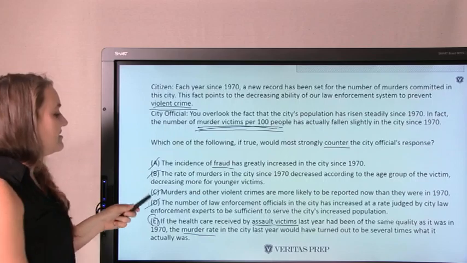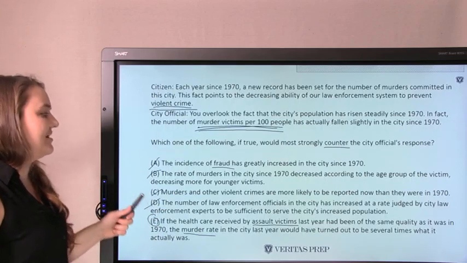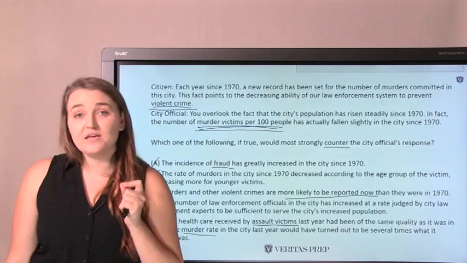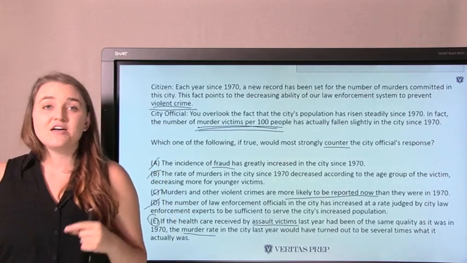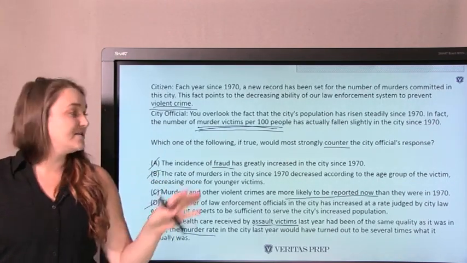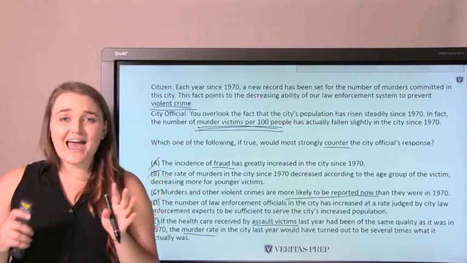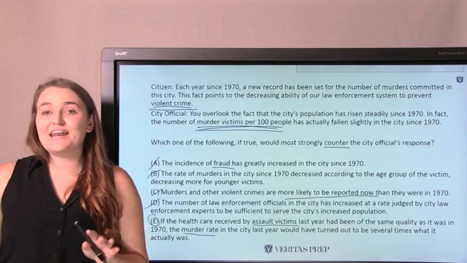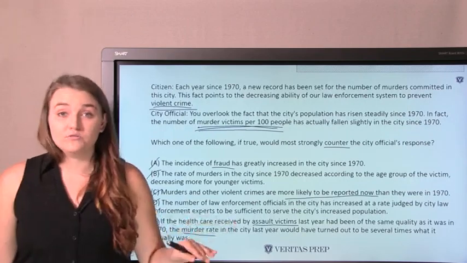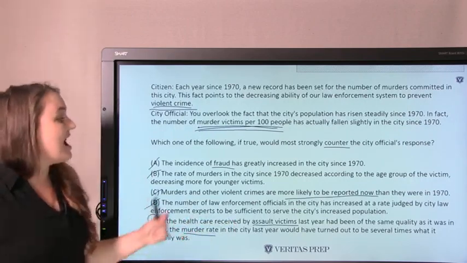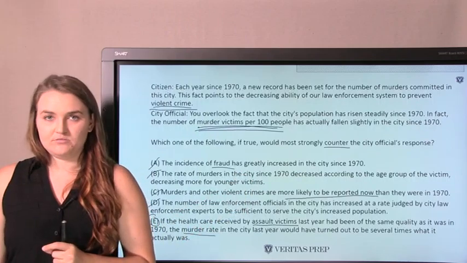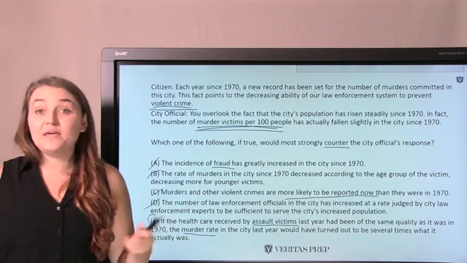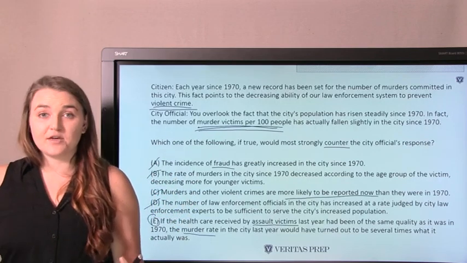So with answer choice C, murders and other violent crimes are more likely to be reported now. If they are currently more likely to be reported than they used to be, that means we're accounting for closer to everything and the rate has dropped. Which means that if all other things had been equal, if we were not more likely to report things now, then we would expect that this murder rate would be even lower if it were an even comparison.